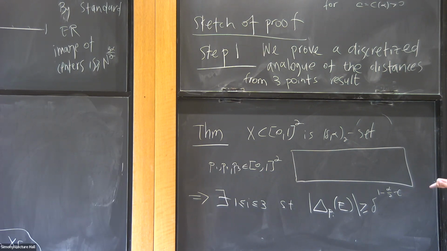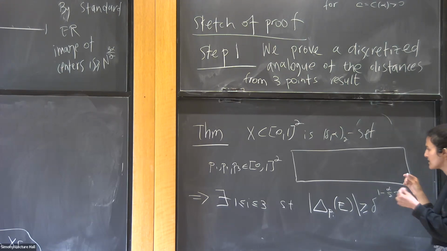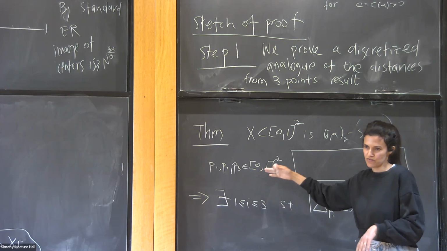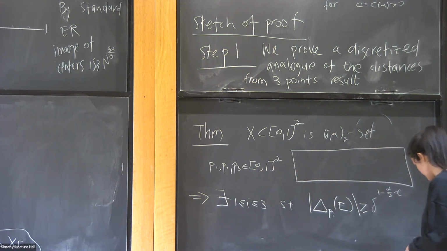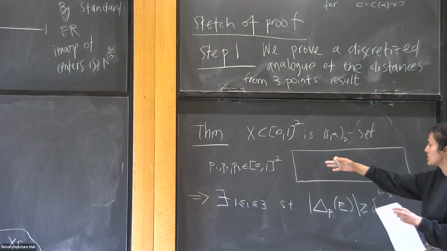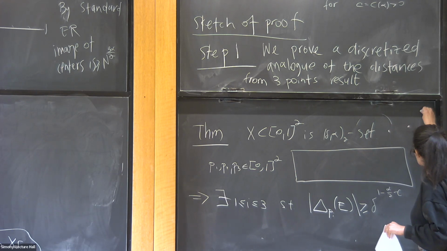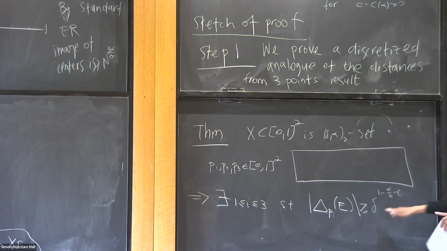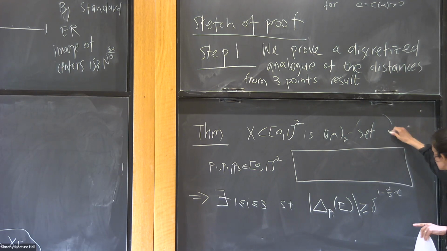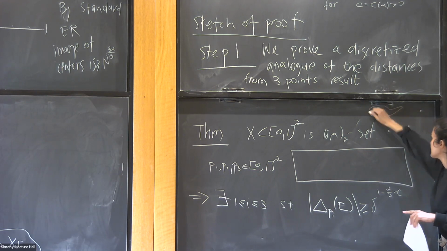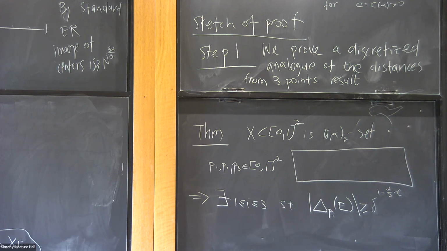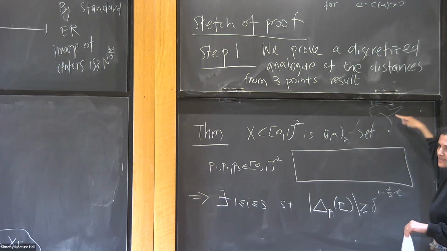We needed to go into the subtle details of the proof to understand what exactly is the requirement for the 3 points. So what is the problem? Why can't we say that they are not collinear? Because if the points are almost collinear, almost with respect to delta, then when you look at the distances that they span with a certain set, if we don't care about differences that are up to delta, it might look exactly the same as the set of distances spanned by 3 points that are collinear.